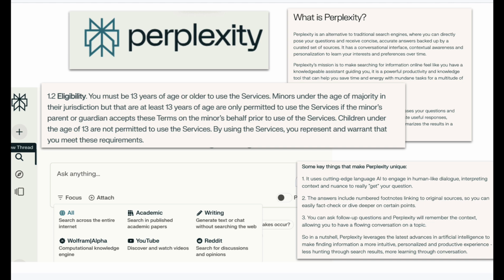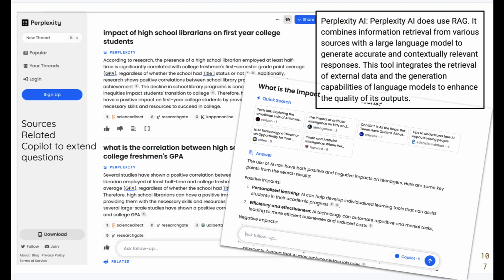As I mentioned before, one of the tools that uses AI and RAG very effectively is Perplexity. This is one of the large language model tools that scholars are beginning to use very heavily. Notice that you can focus on an academic corpus. You can use the computational search engine here, Wolfram Alpha, and you can even go into chats or forums like Reddit.